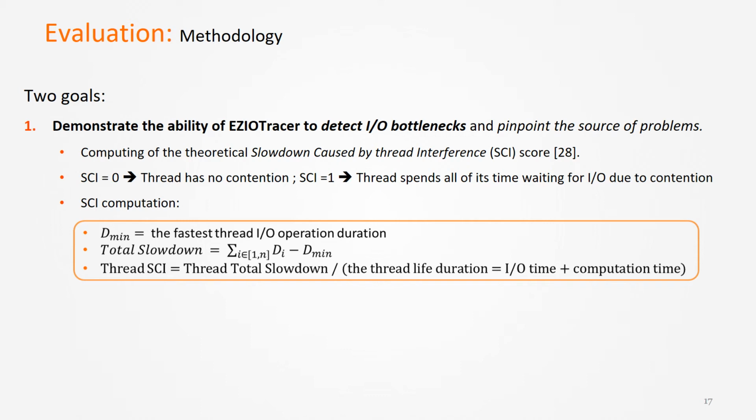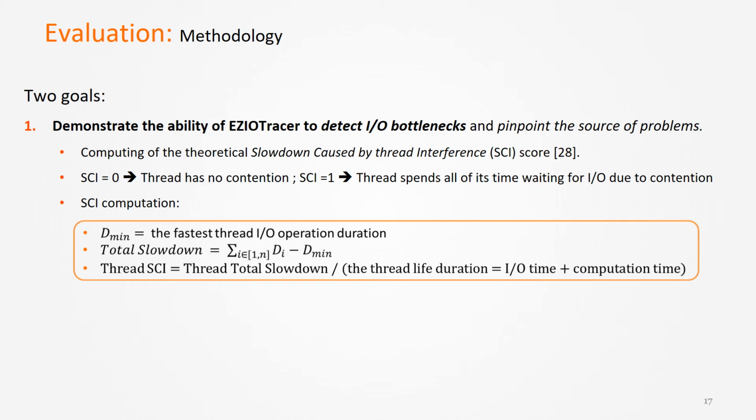To do this, we rely on the theoretical slowdown caused by thread interference, SCI. SCI close to 0 means that the thread does not suffer from contention. Conversely, SCI close to 1 means that the thread spends all of its time waiting for IO due to contention.